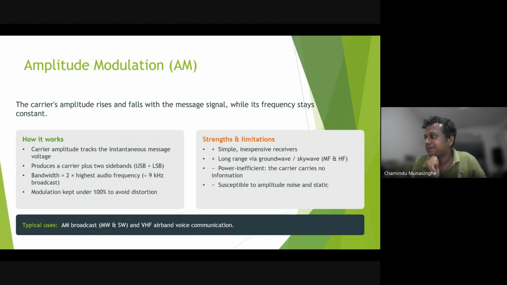Okay. So AM is used in broadcast, and also airband voice communication uses this, from aircraft to aircraft and aircraft to ground communication. In aviation, we use AM. That is due to a key property of AM.